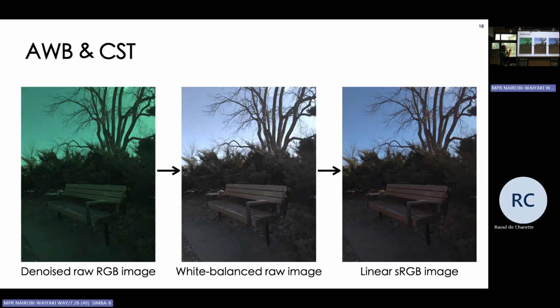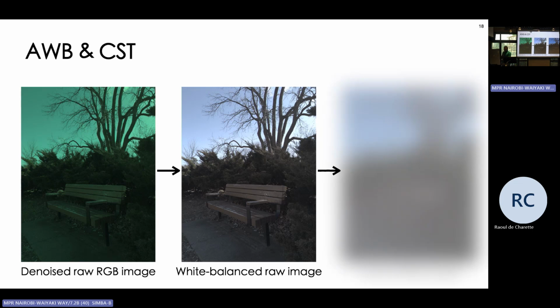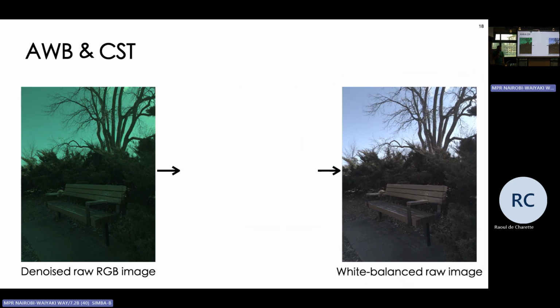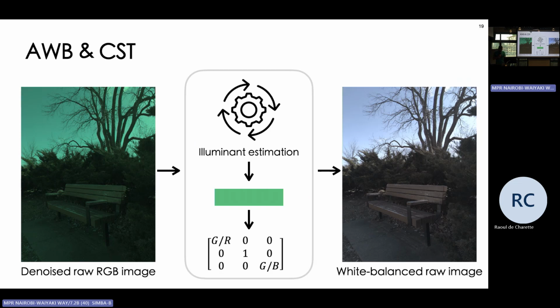So let's discuss in more detail how the white balance step is done, and then going to the standard color space. So let's go with the white balance. We have the denoised raw linear RGB image, and our goal is to have the white balanced image. Very simple, we have two stages. The first stage is called illuminant estimation.